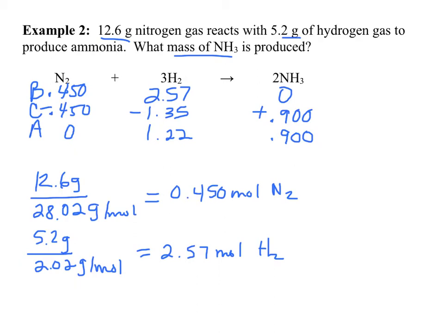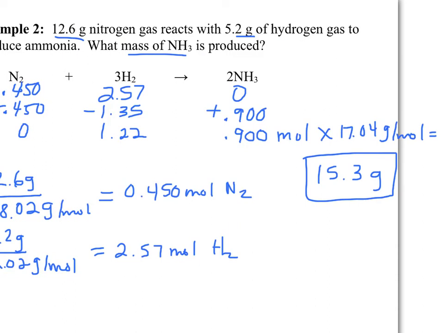That's 2 times the 0.450 moles of the nitrogen. So now I can answer the question, what mass of ammonia is produced, by converting my moles to grams. 17.04 is the molar mass for the ammonia, and then that gives me 15.3 grams of ammonia produced. I rounded my answer to 3 significant figures based on the 3 significant figures of my limiting reactant.